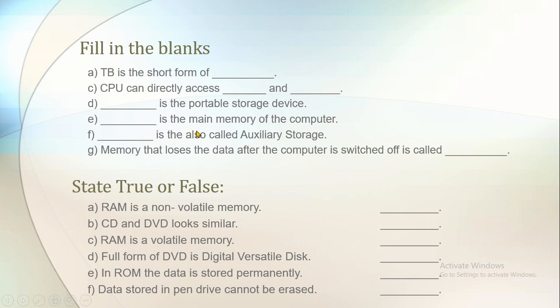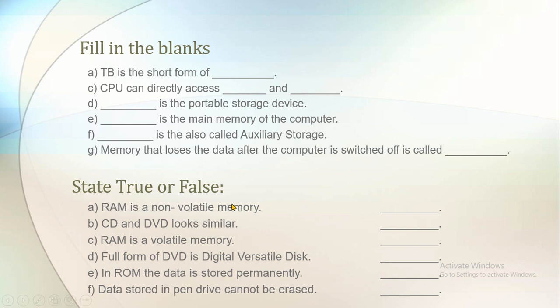Dash is the main memory of the computer. Dash is also called auxiliary storage. Memory that loses the data after the computer is switched off is called dash. Okay, so you have to fill in the blanks.